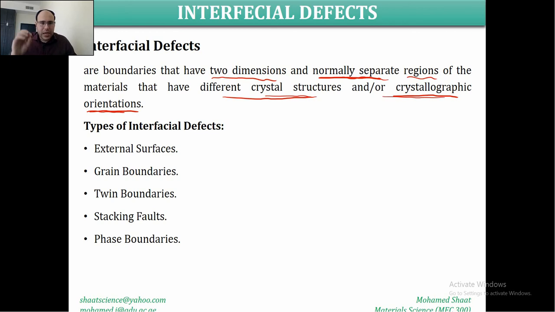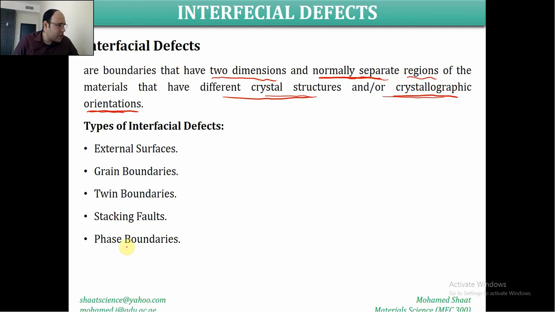Okay, so simply an interfacial defect is a boundary that has two dimensions, and it is normally used to separate two regions, two parts, two crystals inside the material that have two different crystal structures, or even if they do have the same crystal structure, it will be used to separate two different crystallographic orientations. And this is the important thing, especially for polycrystalline material and especially for grain boundaries.